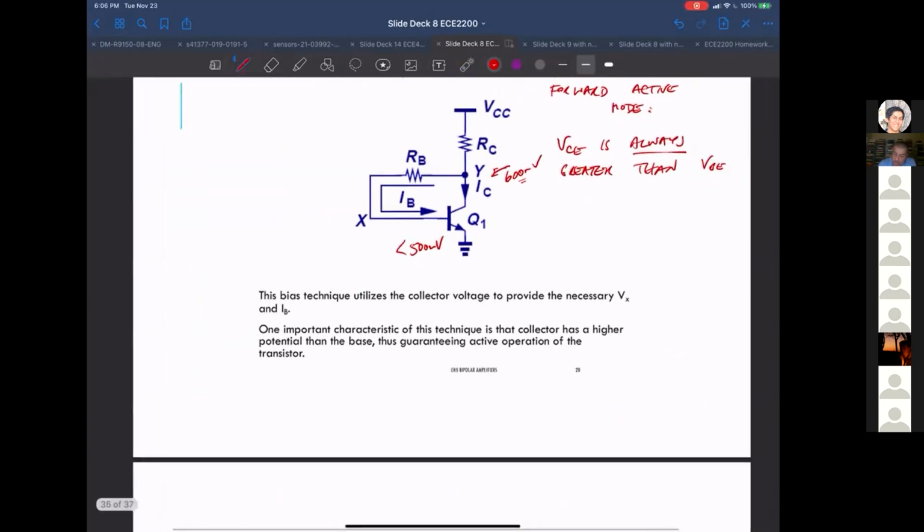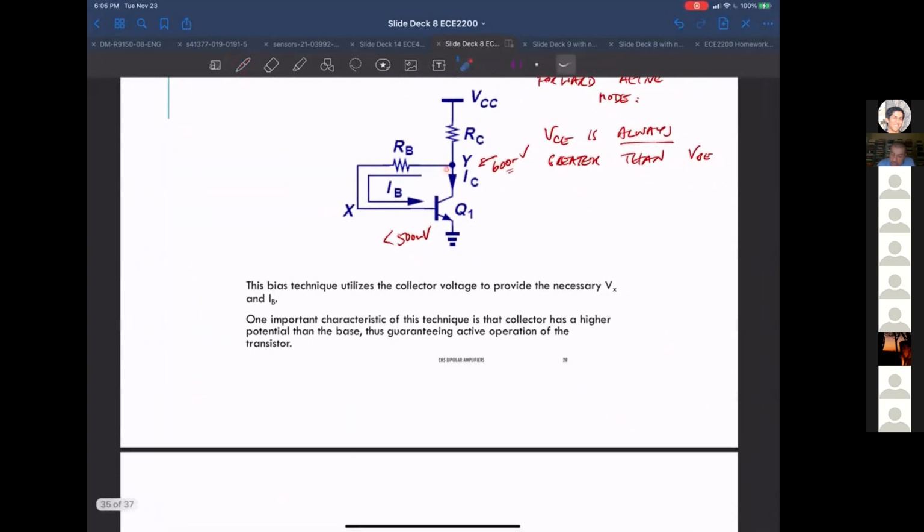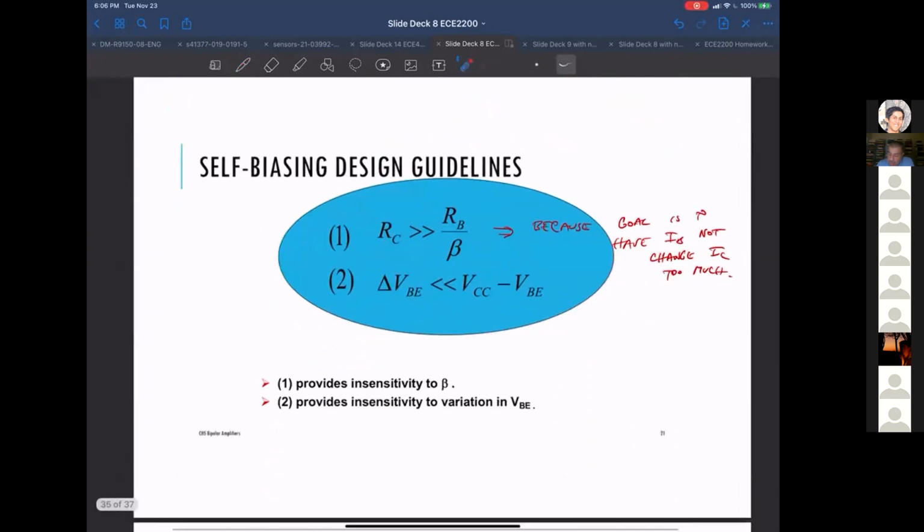Because you remember, you're stealing some current from I sub C, or from R sub C. Some of it goes here and some goes to this point. If this guy is too close to this guy, then a significant amount of this current is going to flow into I sub B, which isn't good.